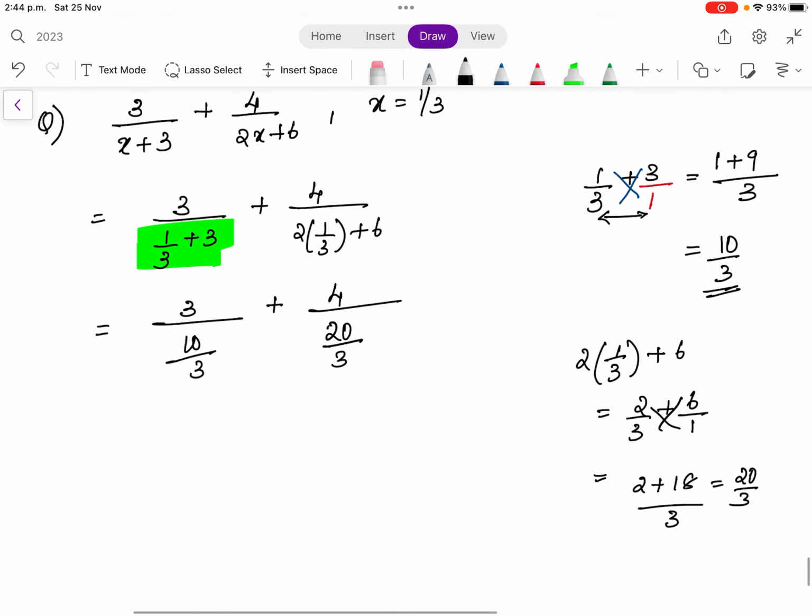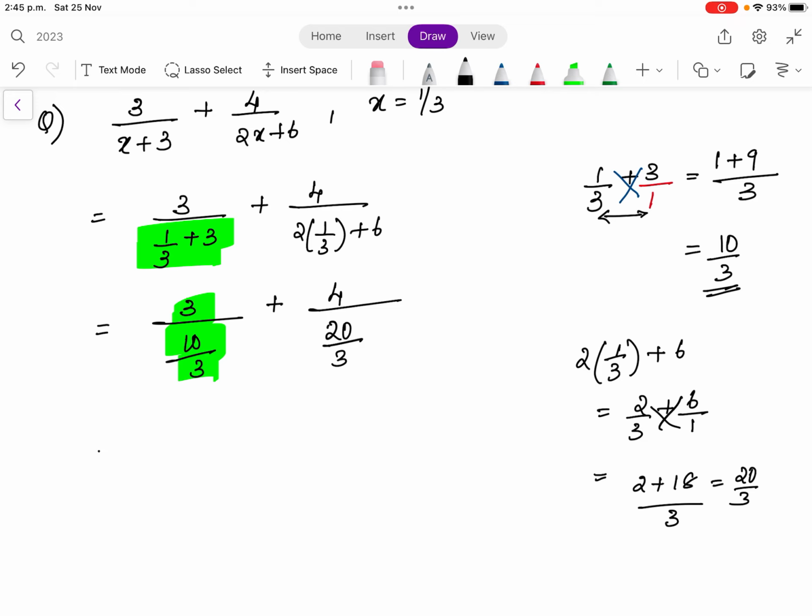Okay. So now to simplify this element, 3 over 10 over 3, I can easily write this as 3 divided by 10 over 3 plus 4 divided by 20 over 3. Okay. Why I am writing like this is to make sure that we are not making any mistake and we are simplifying it properly.